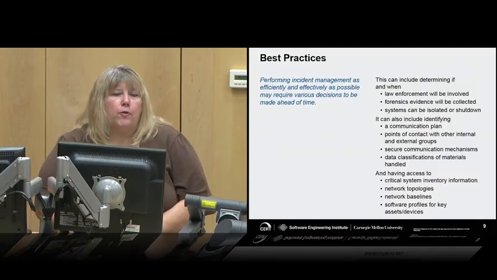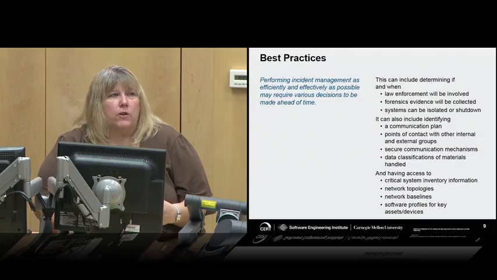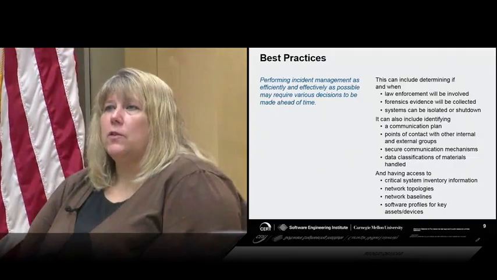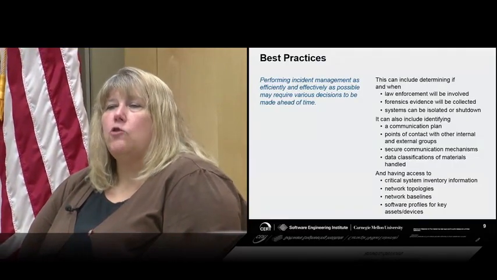When we look at performing incident management, some of the best practices that we have seen relate to specific decisions that may need to be made during an incident.